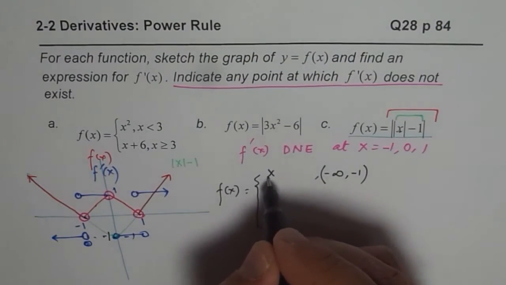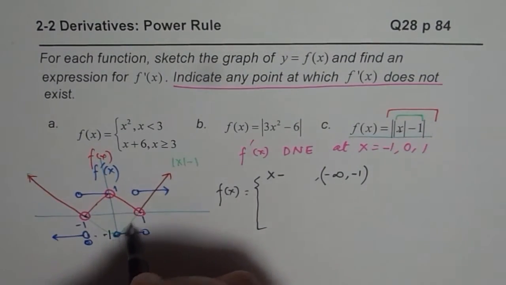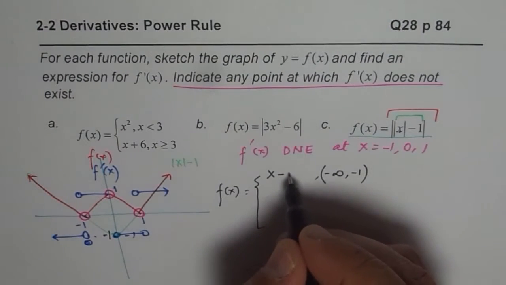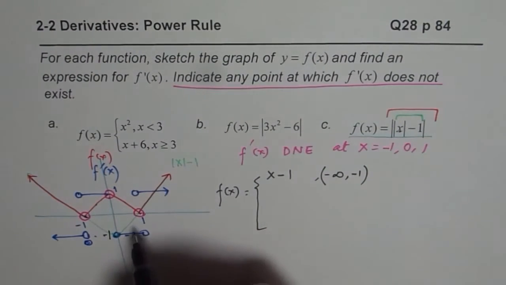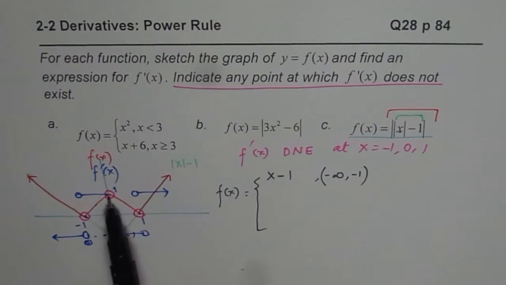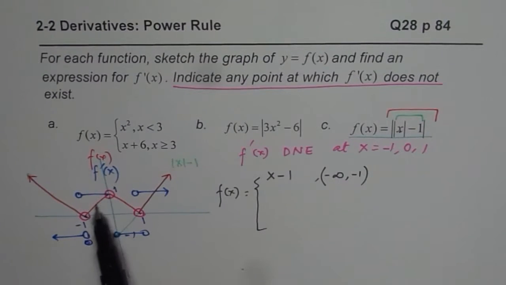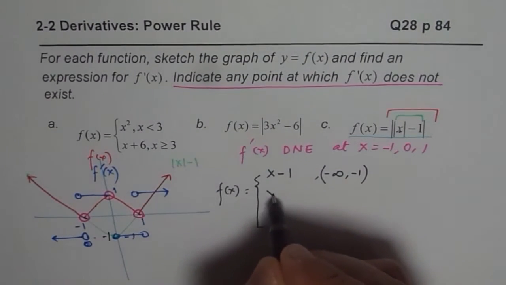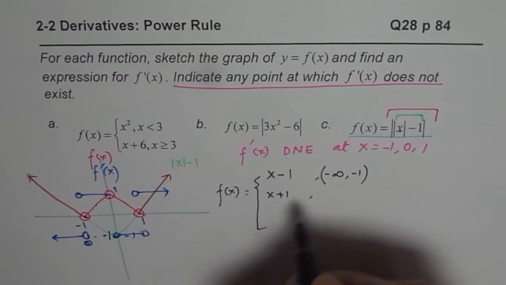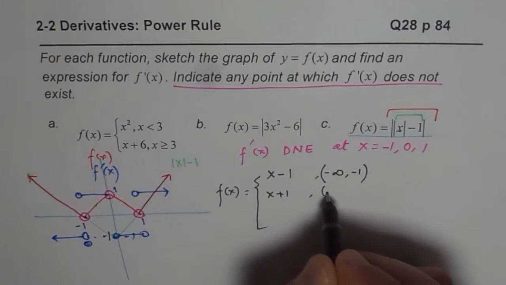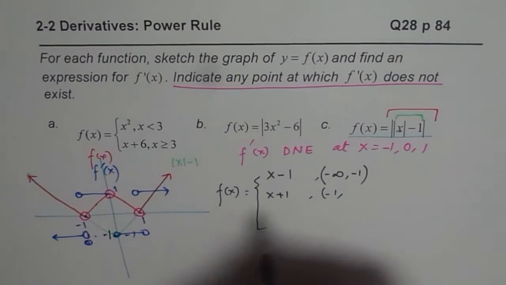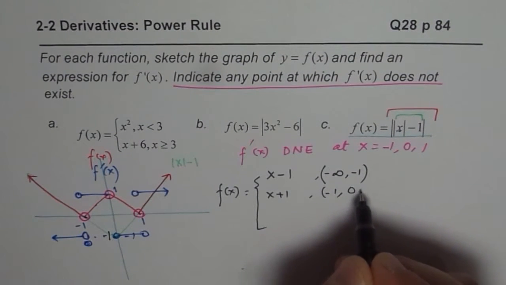You see it's the same graph which we had drawn earlier. The second half, we see that it has a y-intercept at 1 and slope of 1. So we could write this as x plus 1, between the interval from minus 1 to 0.